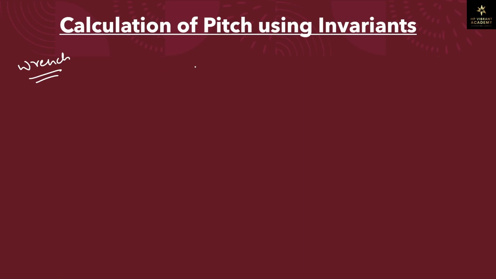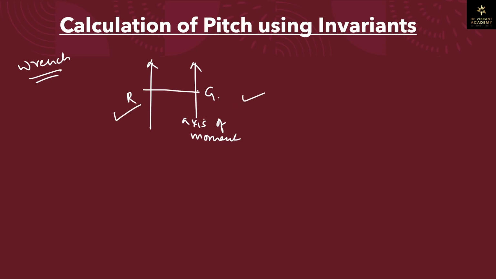Let us take this as the axis of moment, and we have the single resultant force as R. This is R and this is G. Pitch is the distance between the line of action of the resultant and the axis of moment. This is P, so this is the pitch.